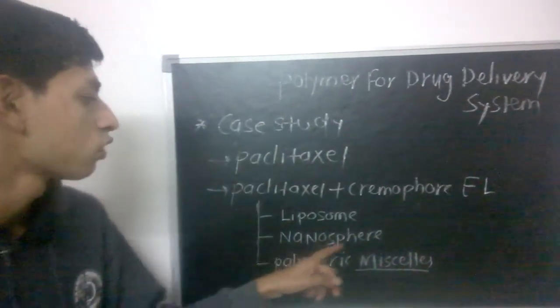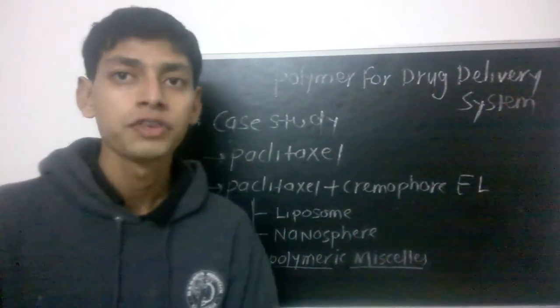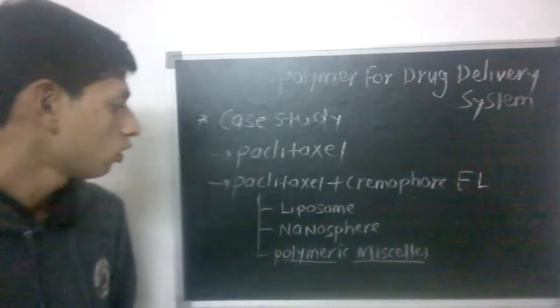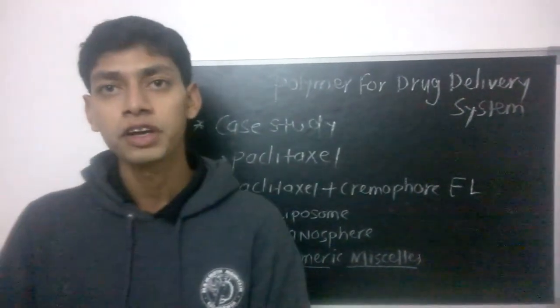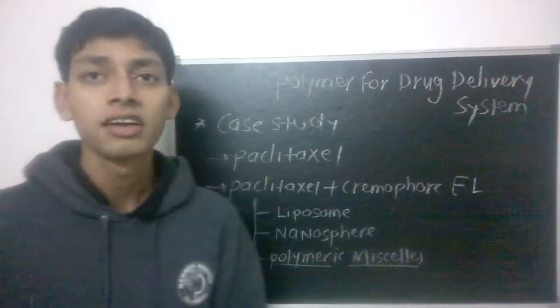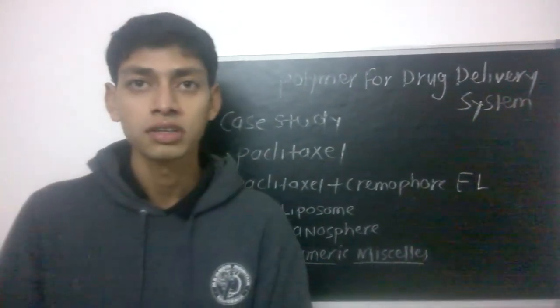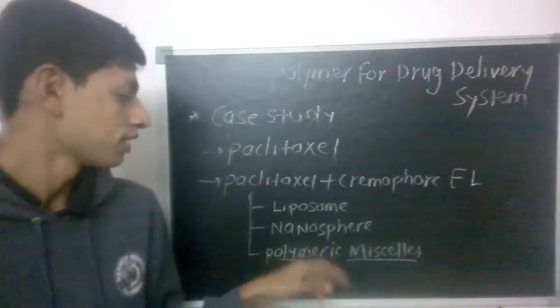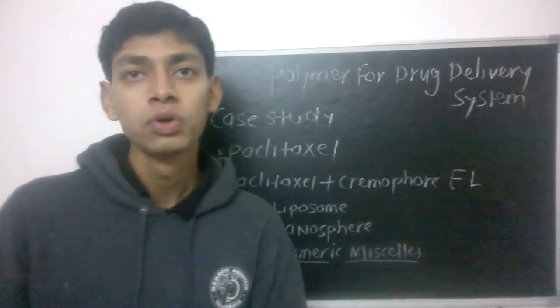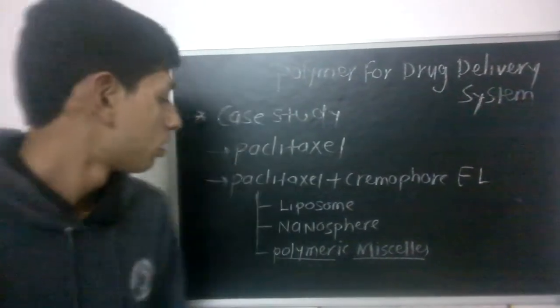The second one is nanosphere. Scientists also formulated nanospheres of paclitaxel, but the main drawback with nanosphere is that the entrapment efficiency of paclitaxel is very low as compared to the other formulations. That's why it is not feasible to reduce the toxicity, because the entrapment efficiency is very low.